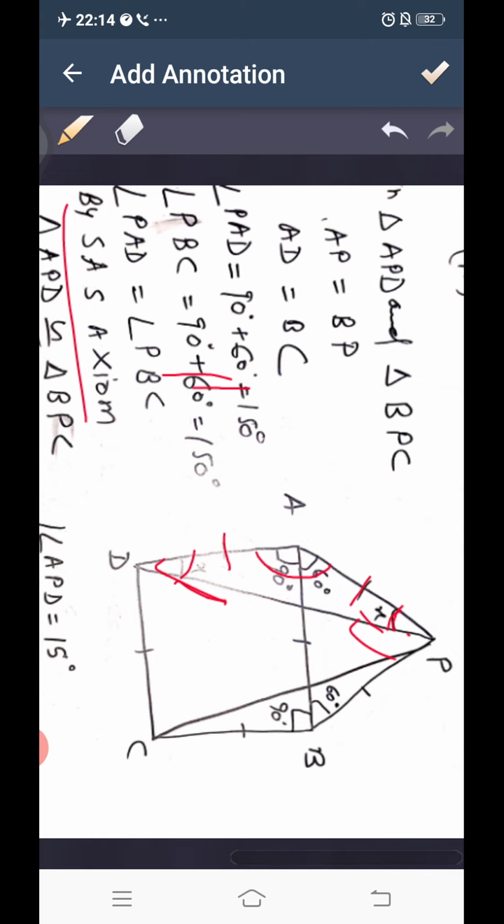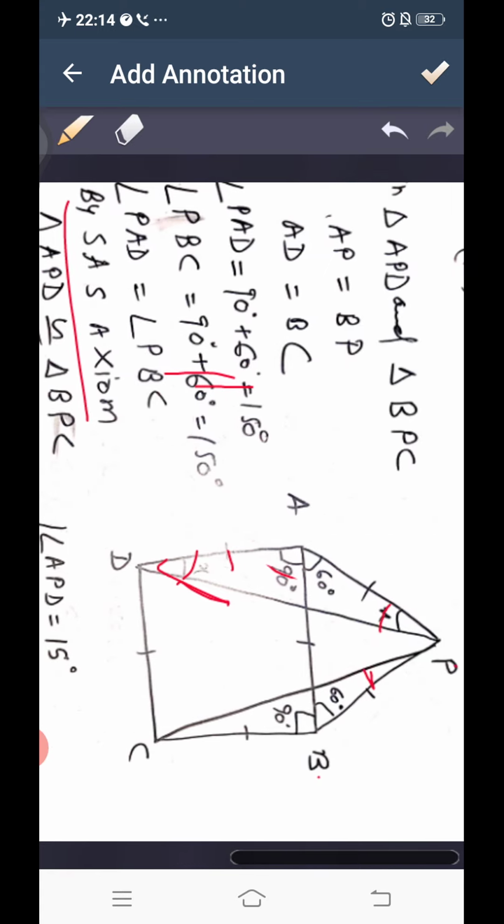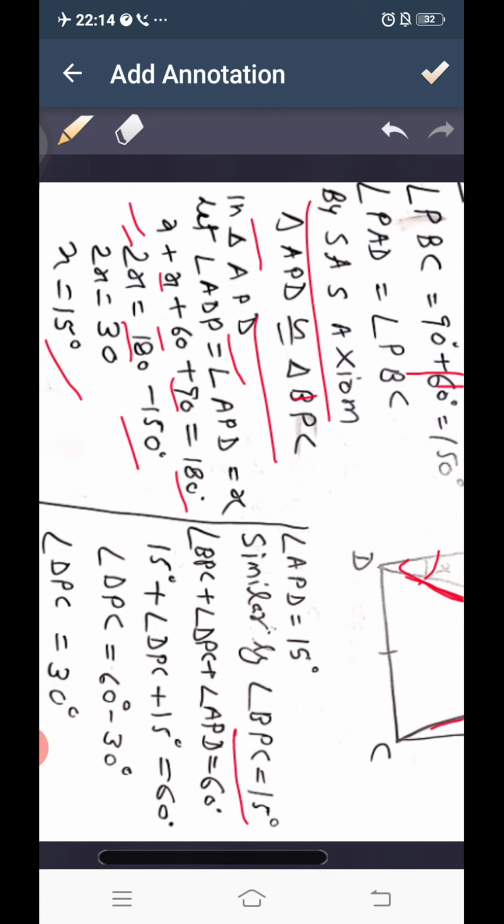This angle APD we are getting is 15 degrees. In the same way, similarly we will do for triangle BPC also. So we will get angle BPC, that is also 15 degrees. Then angle APD plus angle DPC plus angle BPC, the sum of all these three angles will be equal to 60 degrees.